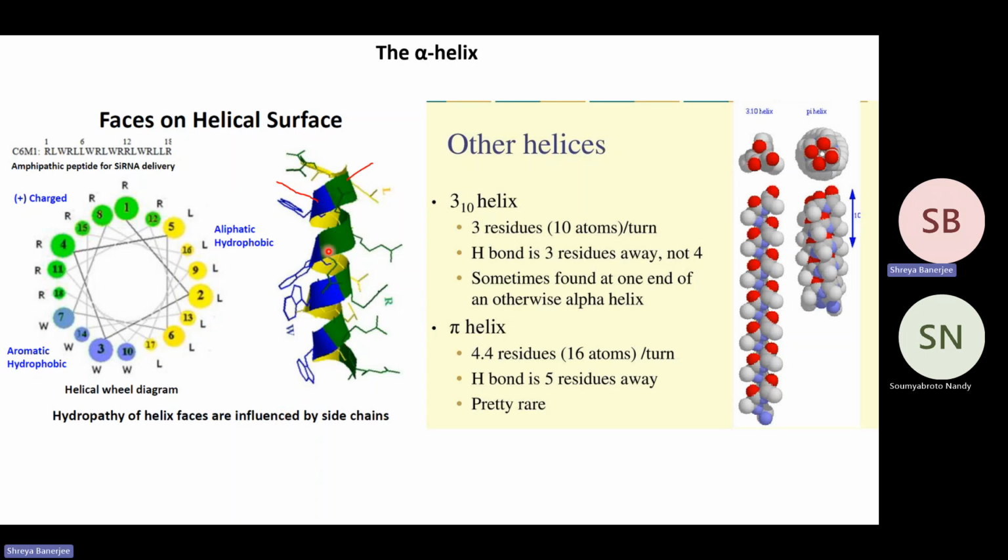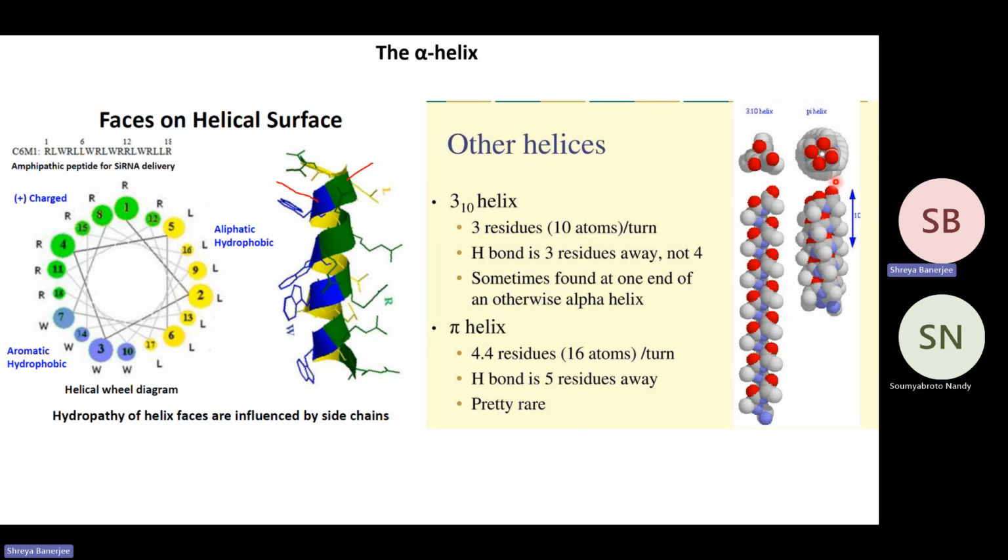Now, the alpha helix is the most common kind of helix, but there are 2 other kinds also. One is the 3-10 helix. In alpha helix, there were 3.6 residues per turn. In 3-10 helix, there are 3 residues per turn. And in alpha helix, the bond was i plus 4 to i. In 3-10, it is i plus 3 to i. The most rare kind of helix is the pi helix, where the bond is i plus 5 to i.